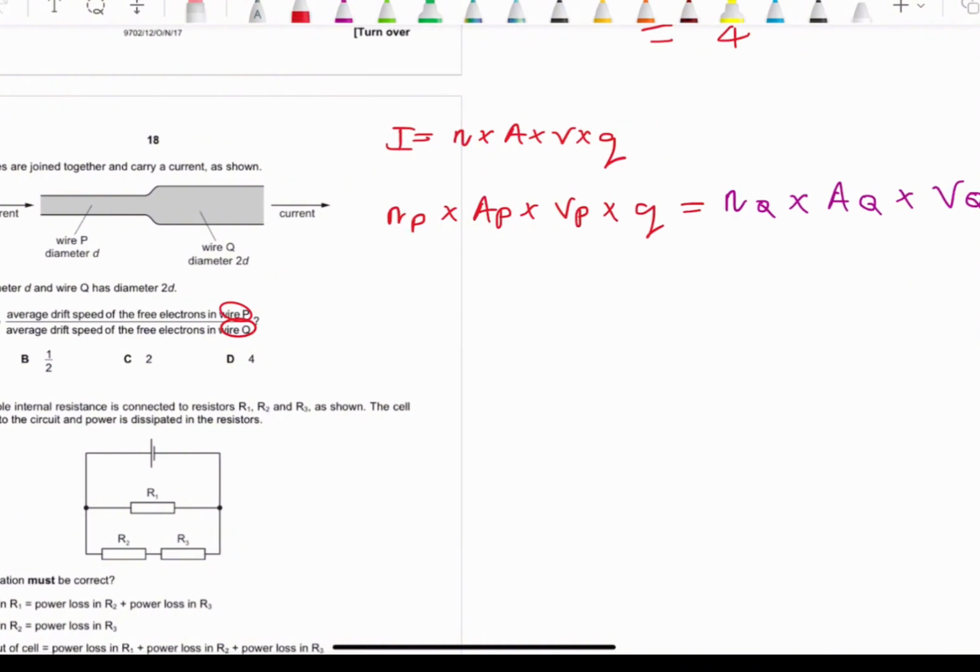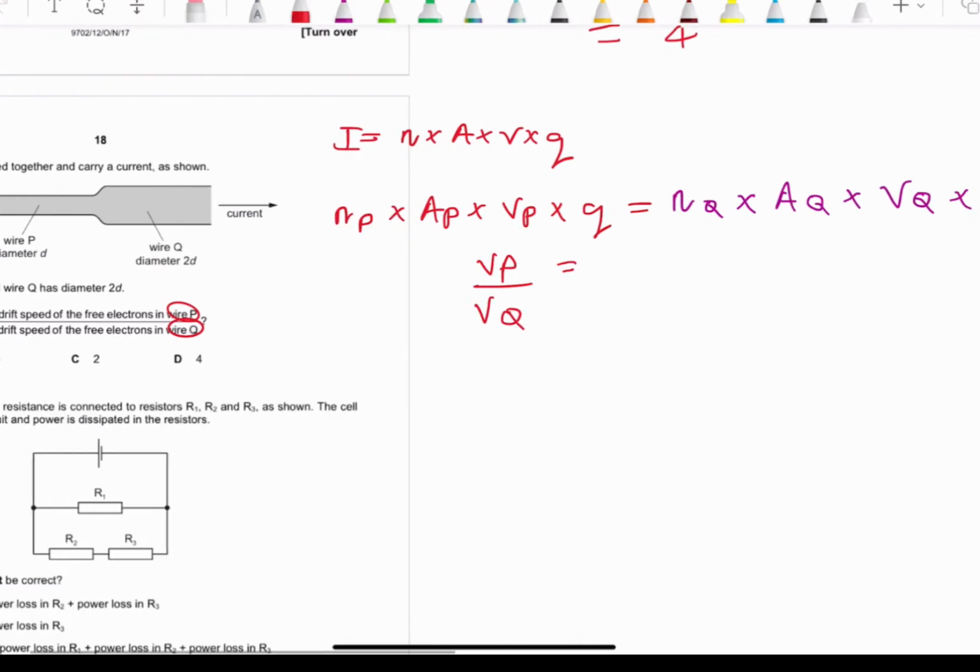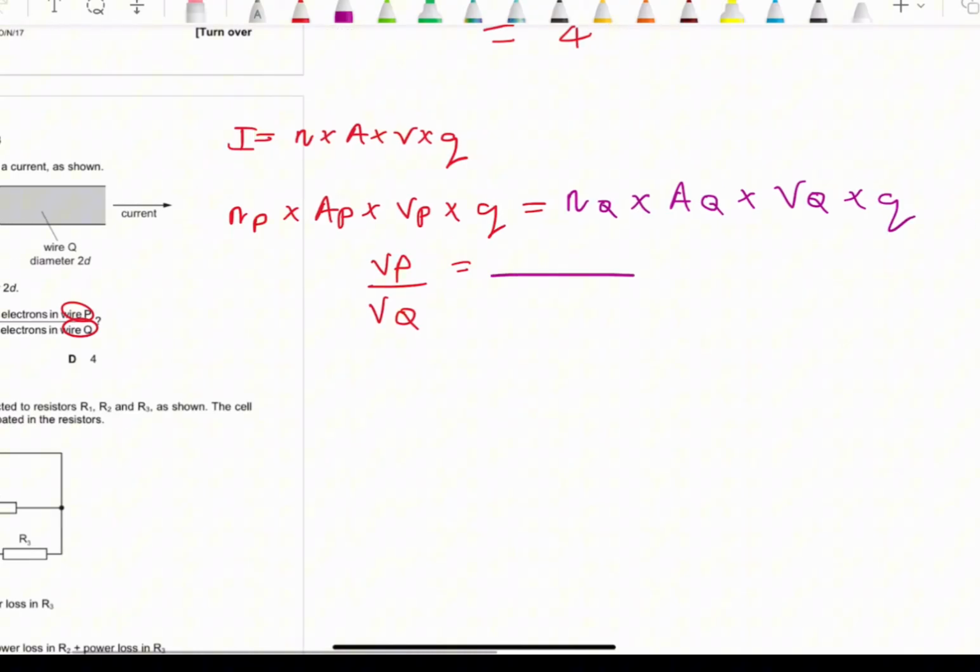So what I want to find is VP divided by VQ. Based on the ratios that I've created, that's going to be NQ times AQ times Q divided by, on the denominator, NP multiplied by AP multiplied by Q. And these two are going to cancel out, this and this, that and that.